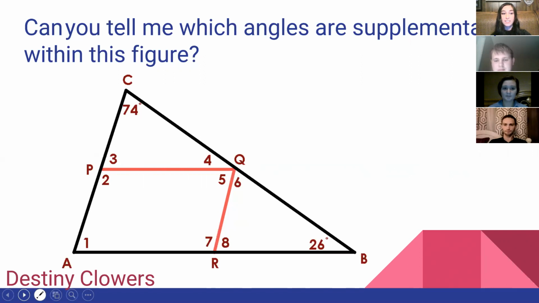Therefore, we can just look at this figure and see which angles form a straight line, or in other words, a straight angle. So we can definitely see that angles 2 and 3 form a straight line. Angles 4, 5, and 6 form a straight line, and angles 7 and 8 form a straight line as well. So therefore, all of those angles are going to measure up to equal 180 degrees.